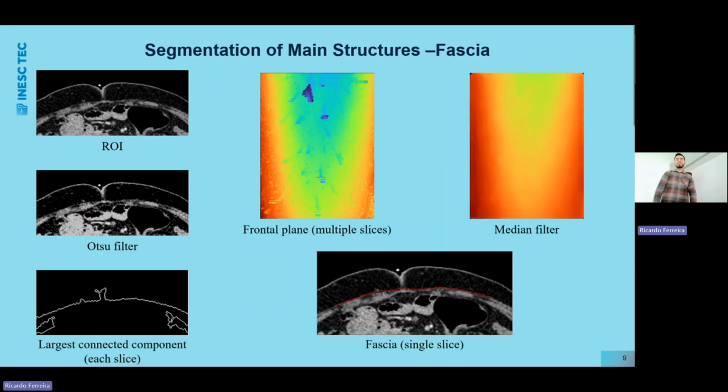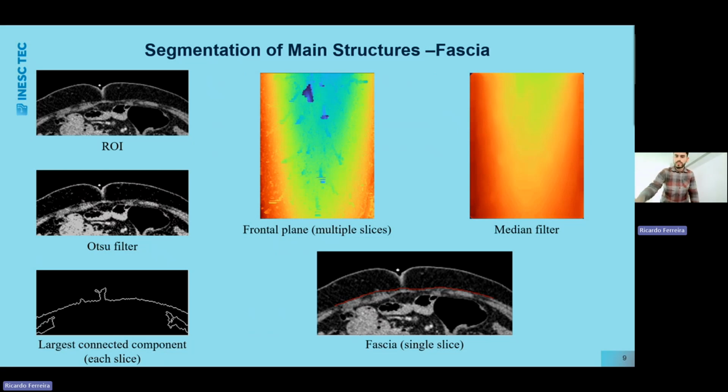Then there's the fascia, which is basically a connective tissue above the rectus abdominis, basically the abdominal muscle. It's important for the next step.